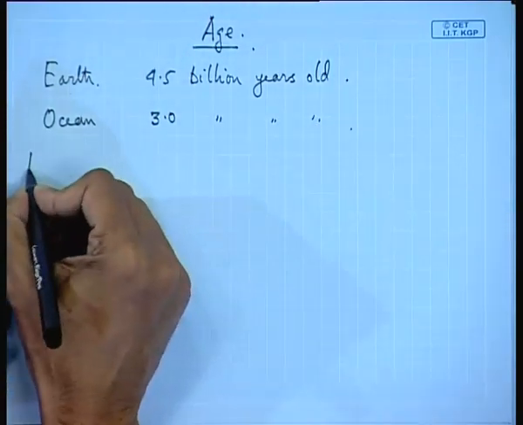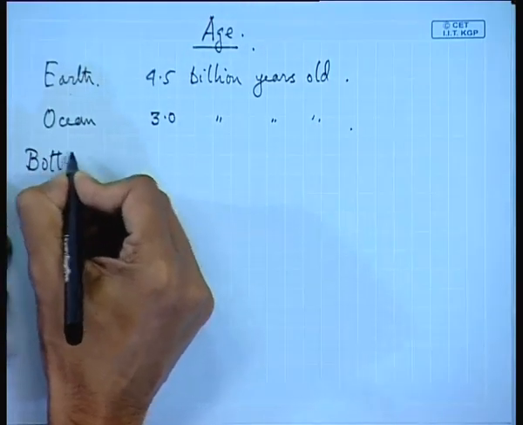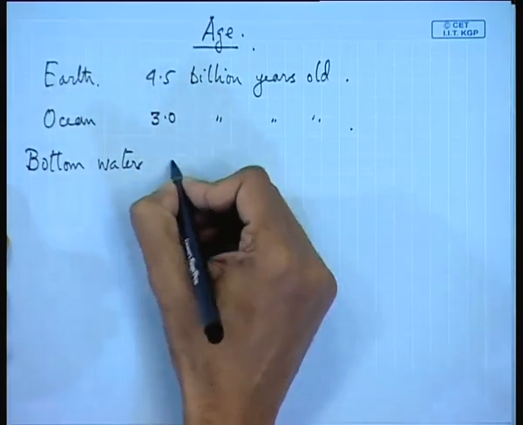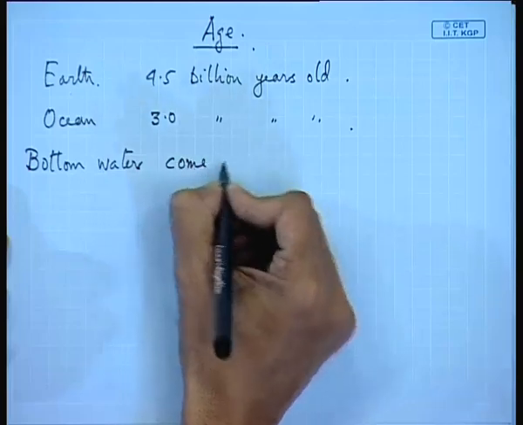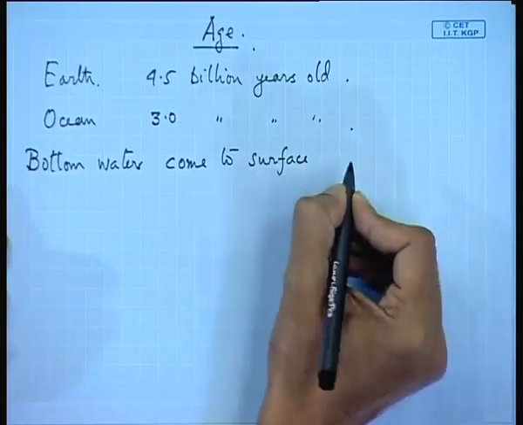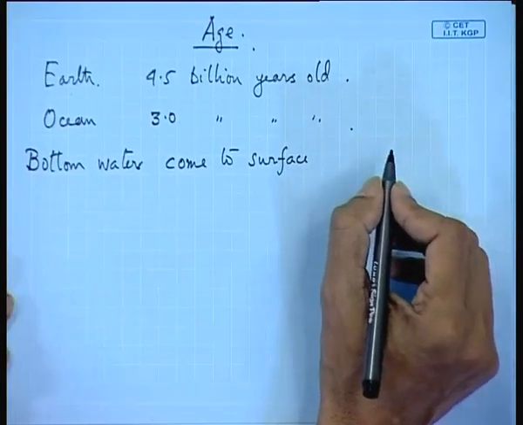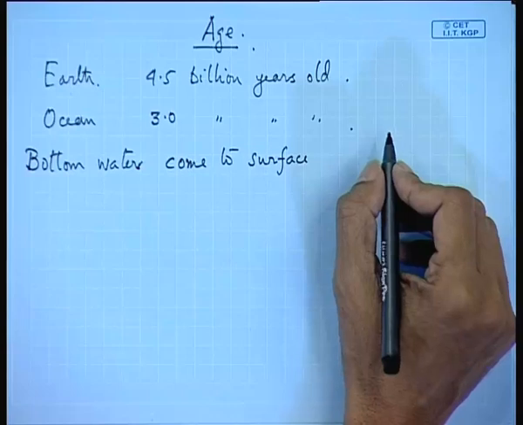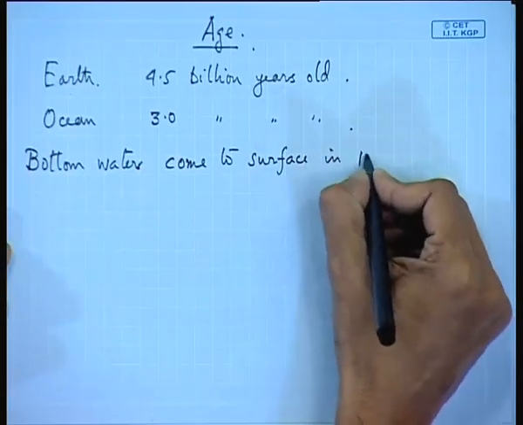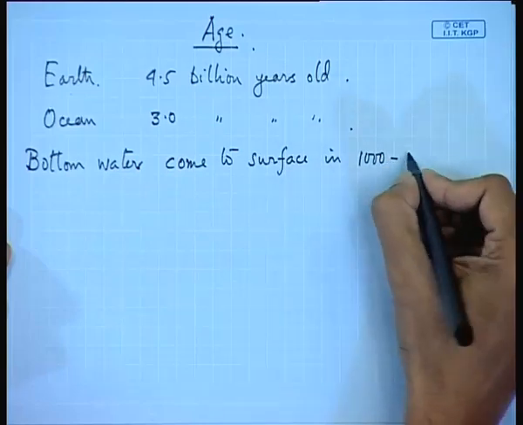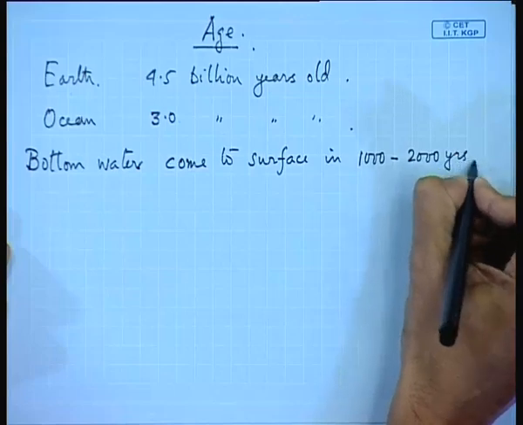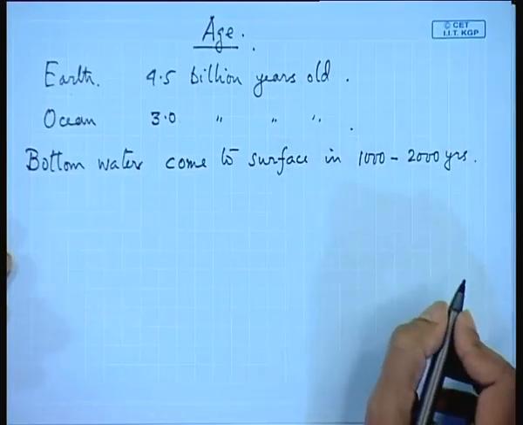Now, these bottom waters come to the surface. This is to be noted, it is the circulation of the waters depth wise. They come to the surface in 1000 to 2000 years. So, this is bottom water circulation.